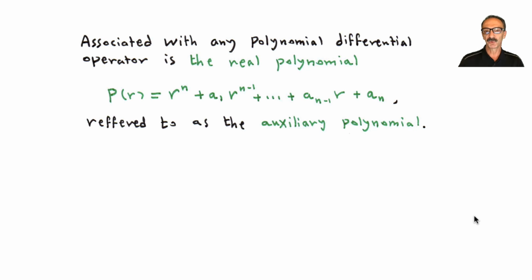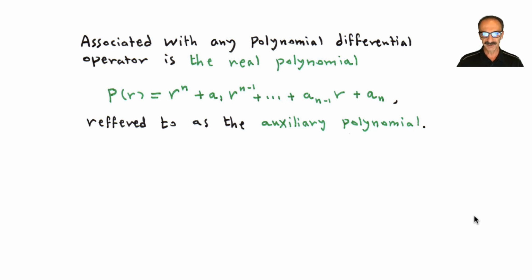Associated with any polynomial differential operator is the real polynomial P(r), referred to as the auxiliary polynomial. So those terms, you're going to see them through the examples and the problems. Auxiliary polynomial.